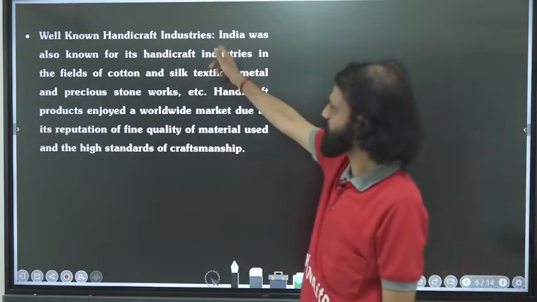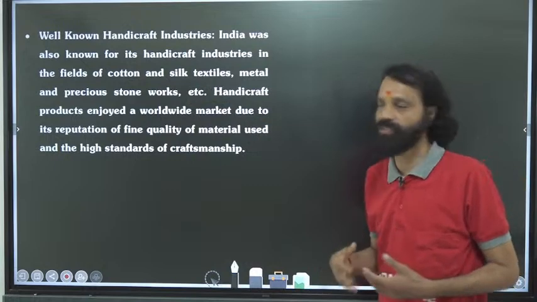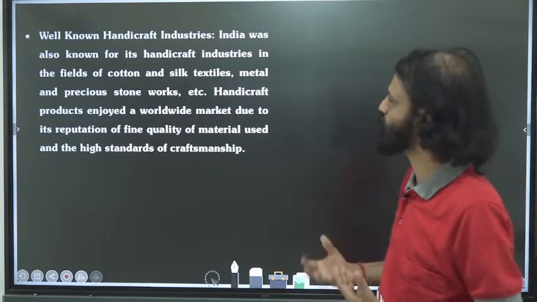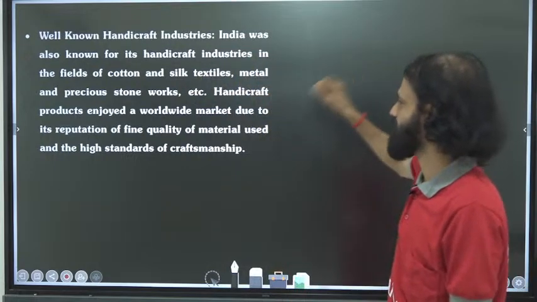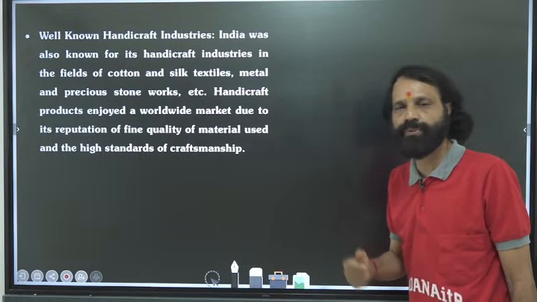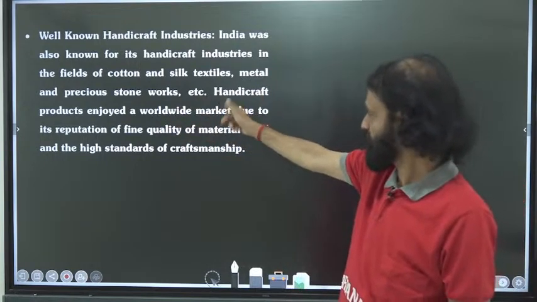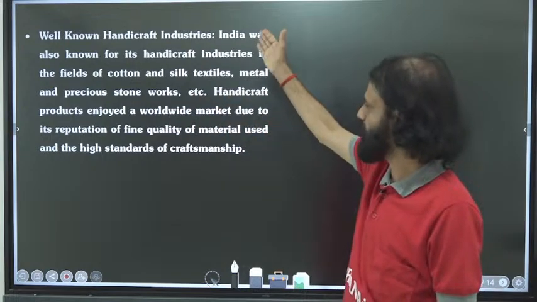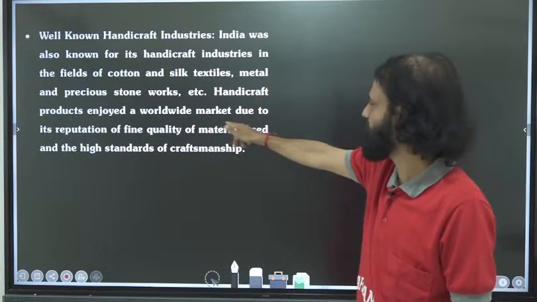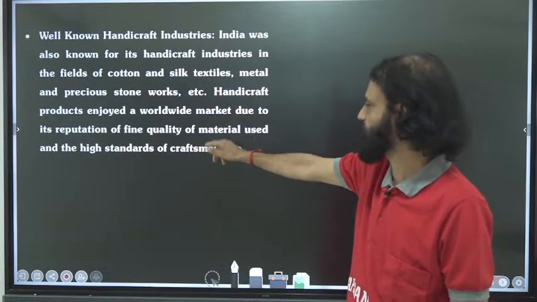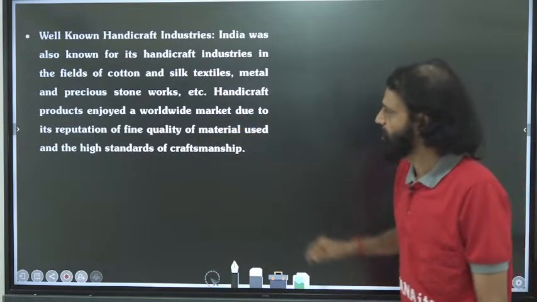Well-known handicraft industries. Before the Britishers' arrival, our handicrafts industry was doing really good. India was known for its handicraft industries in the field of cotton and silk textiles, and metal and precious stone works. All those industries were doing good. Handicraft products enjoyed a worldwide market due to their reputation for the fine quality of material used.